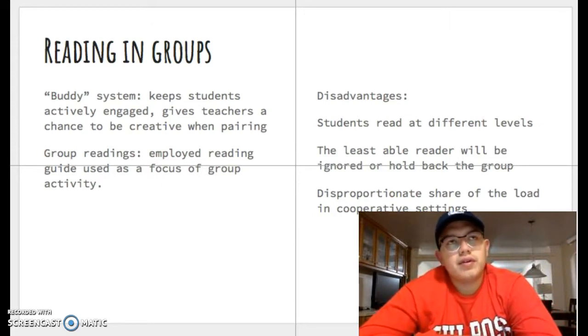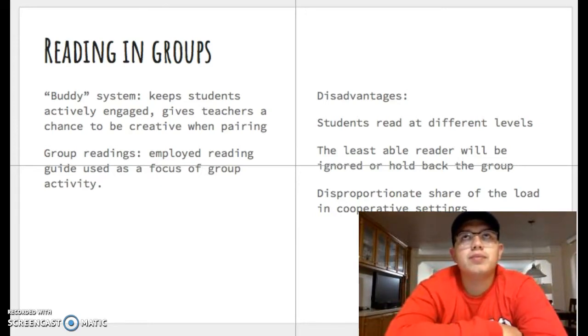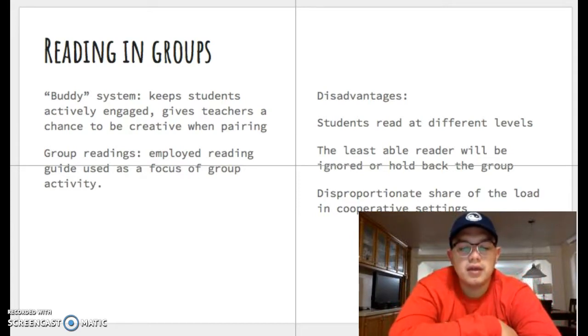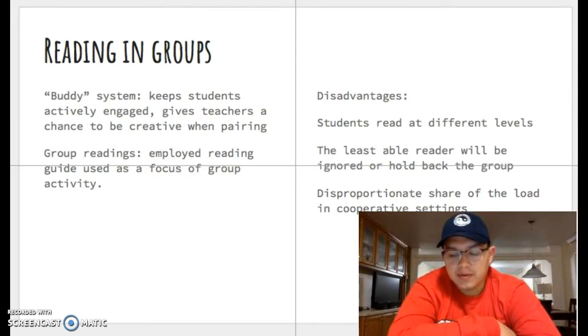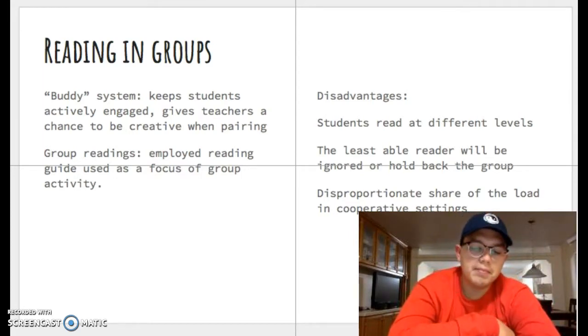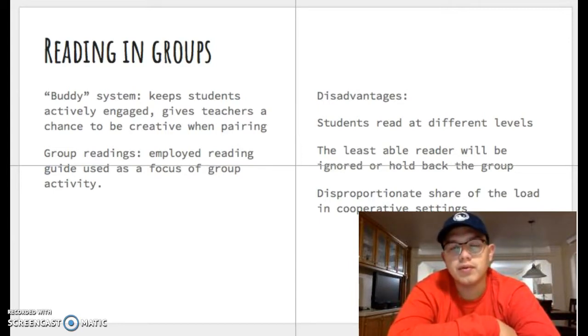Reading with a partner really just helps you focus better than when you are in a group. And I think this can really help whenever you can pair a good reader with a poor reader, and let the poor reader learn from the good reader.